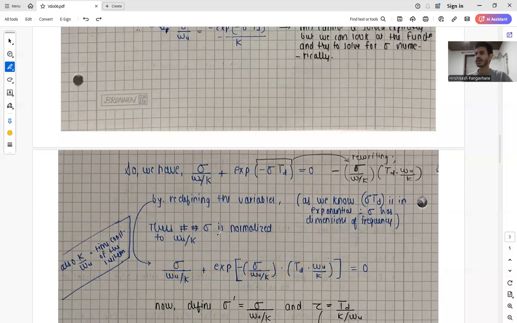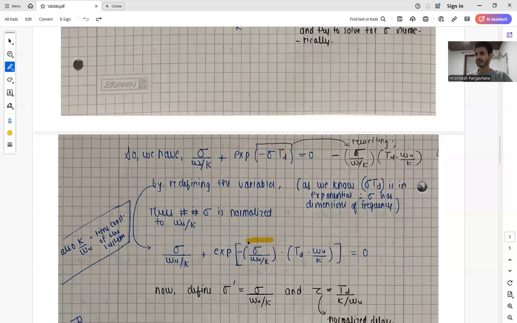And let's say we have exponential of sigma and td with a minus sign. As we have time, we know that sigma has the dimensions of frequency, as it all clubs together in an exponential. So we normalize sigma by frequency again in order to achieve simplicity.